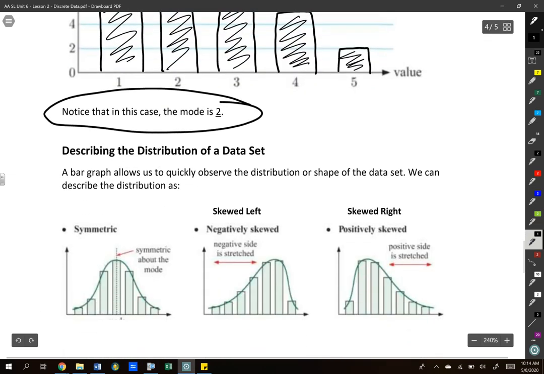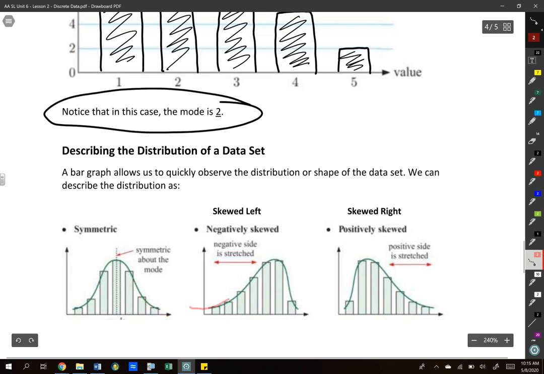All right, describing the distribution of a data set. Now, we did do this in Algebra 2. This should look familiar. There's slightly different terminology for IB, so I just want to point that out. A bar graph allows us to quickly observe the distribution or shape of the data set. We can describe the distribution as symmetric, right? So in this case, we're symmetric about the mean.